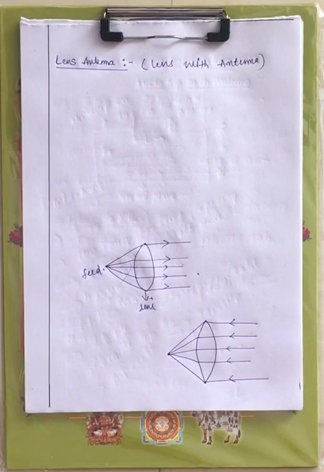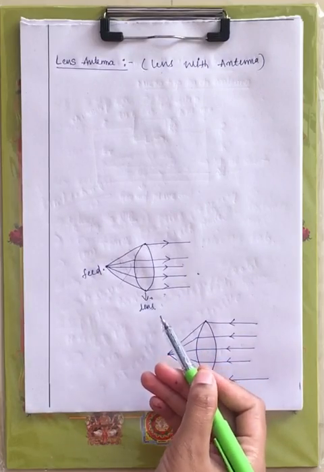A lens antenna is nothing but an antenna with a lens, and that lens may be either dielectric type or conducting type. A lens antenna consists of an EM lens with a feed. This is the structure of the lens antenna.